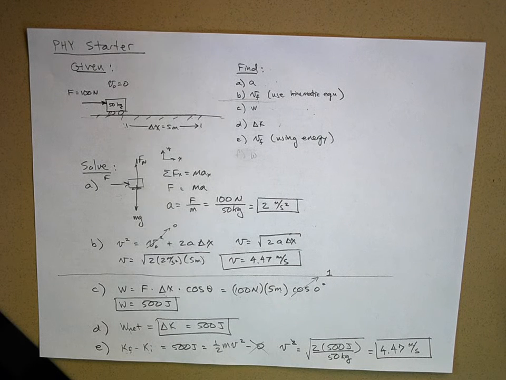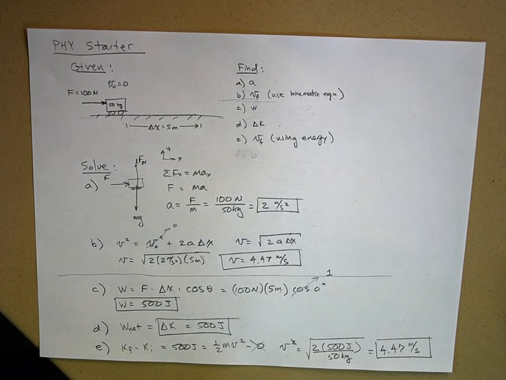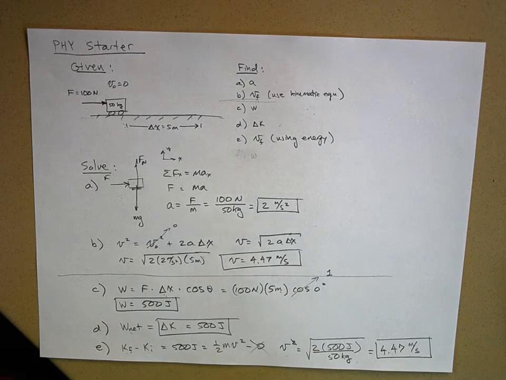Well, they're both pretty easy, but in a lot of cases, if what they're asking for is the final velocity, using energy is the best way to go, using the work energy theorem or energy methods. Any questions? Okay, that is all.